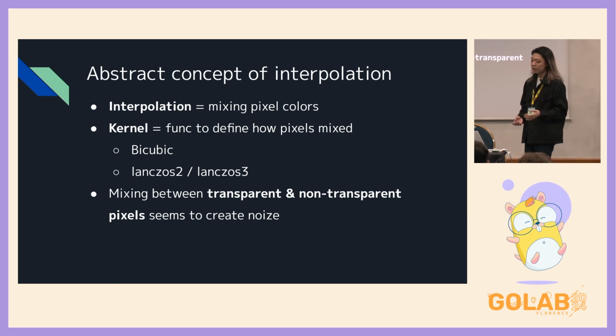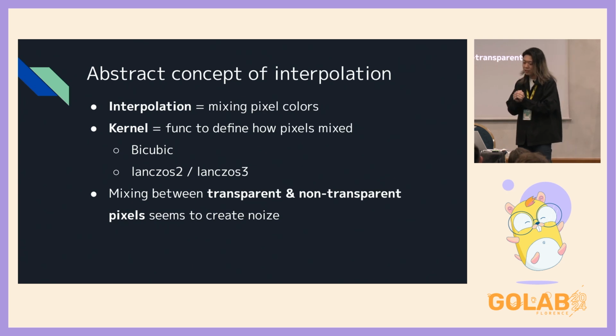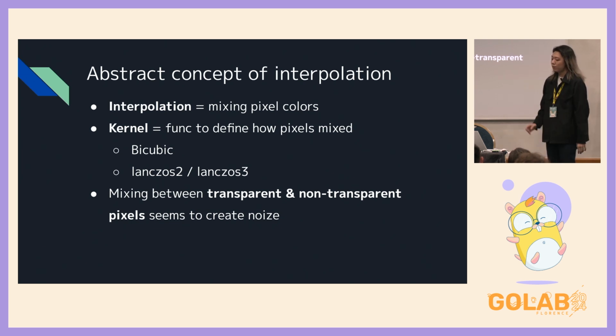So interpolation is a process of mixing pixel colors to estimate new pixel values when resizing an image. To determine how pixels should be mixed, we use a kernel, which is essentially a function that guides this mixing process. Common interpolation kernels include bicubic, Lanczos 2, and Lanczos 3.